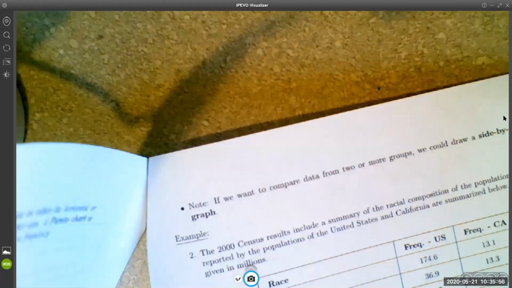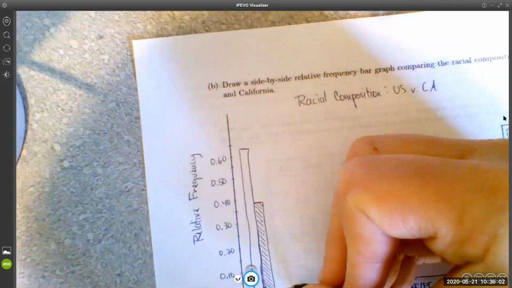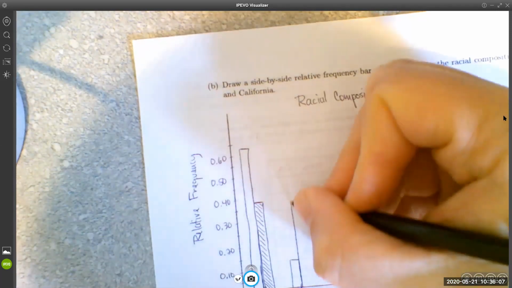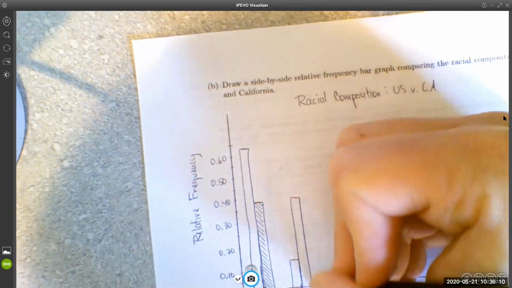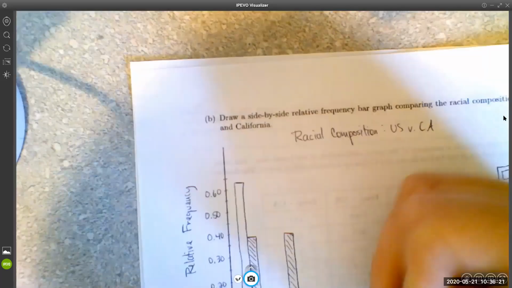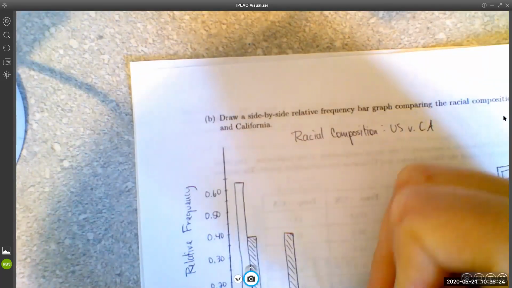So 13.1 and 38.7. Twelve point 3 and 7. Three point 6 and 11.